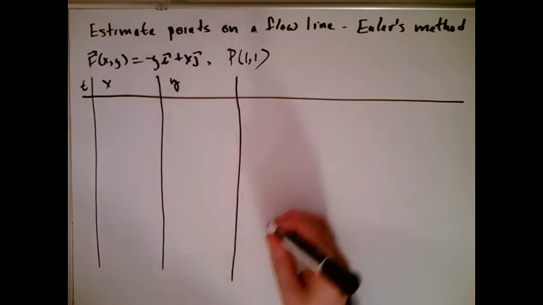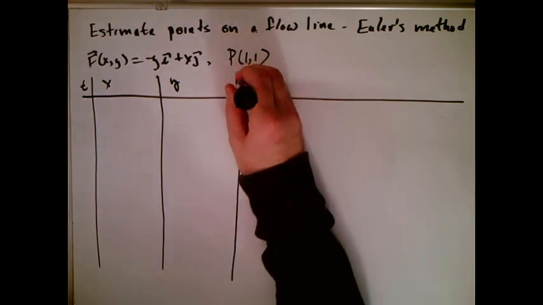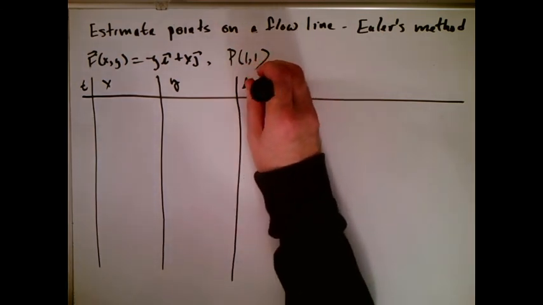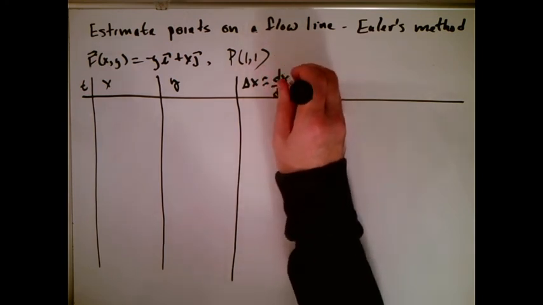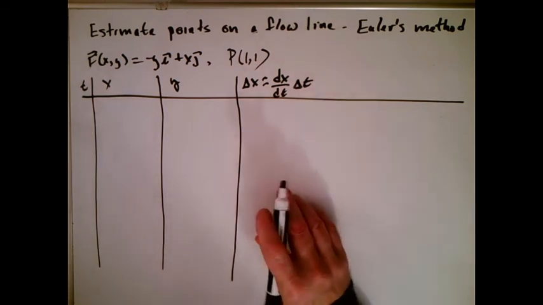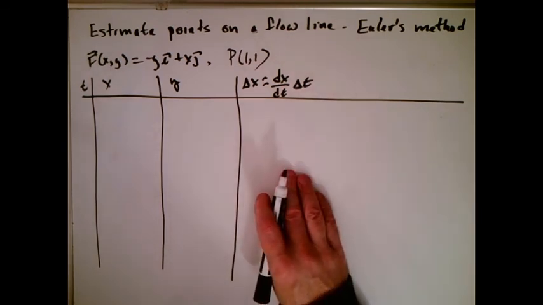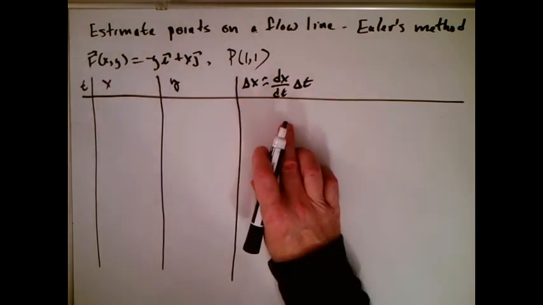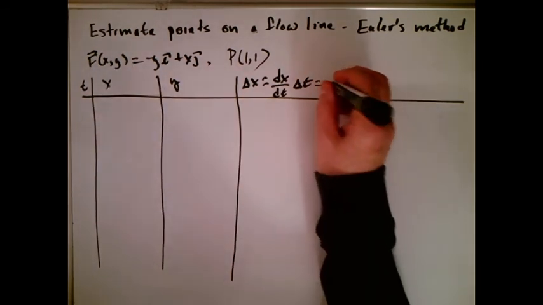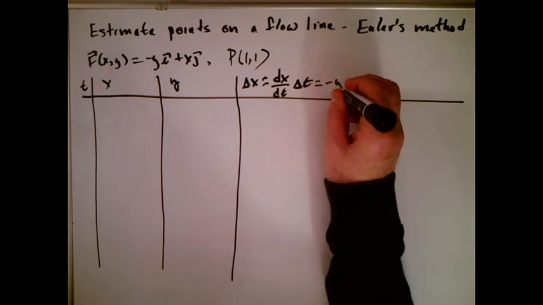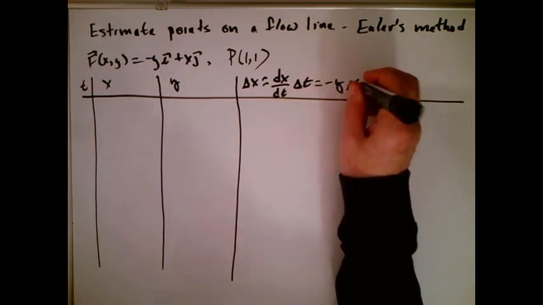What we want here is the change in x. Using Euler's method, that should be just about dx/dt times delta t. Remember how this works: if this is a velocity field, then the i component is dx/dt. So I'm going to write down minus y, because that's dx/dt here, times delta t.